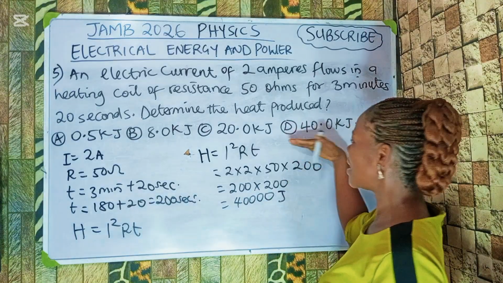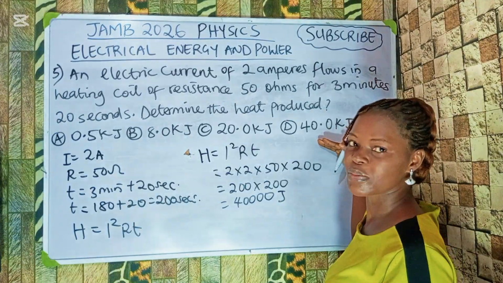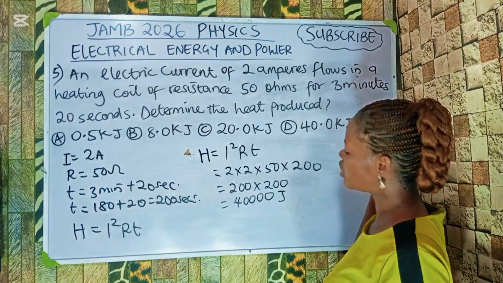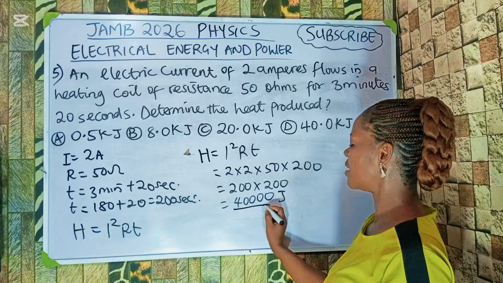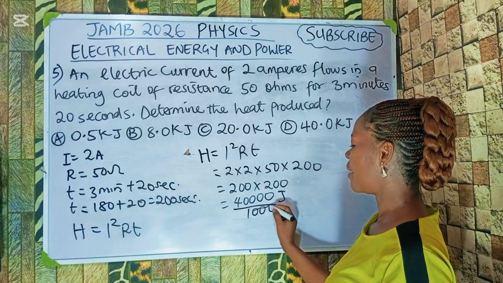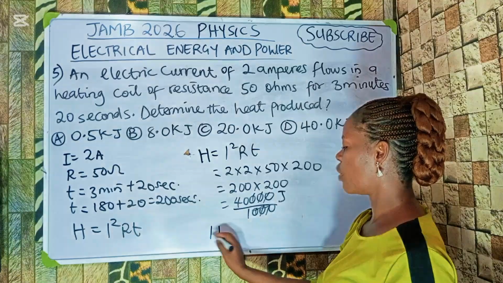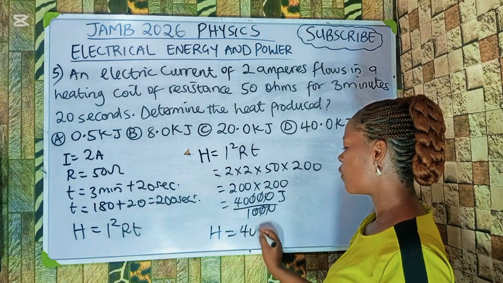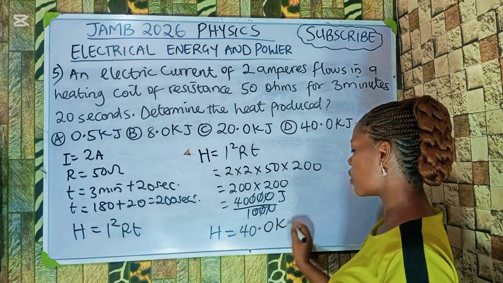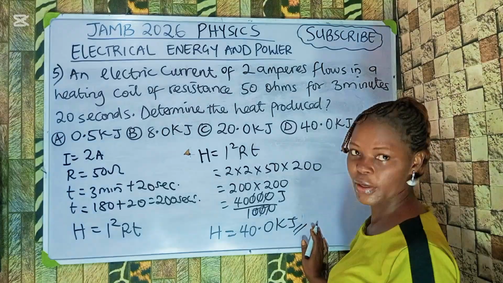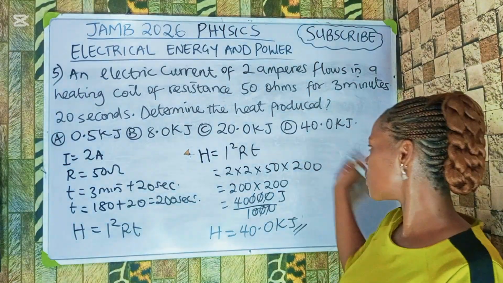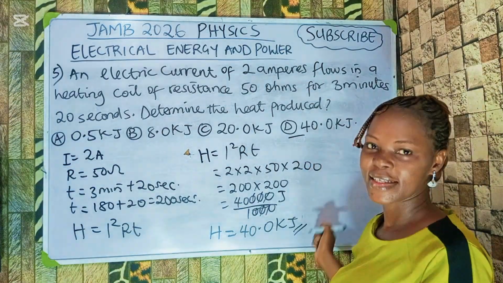Because the options are in kilojoules, where kilojoules means 1000, I divide by 1000 and get 40 kilojoules. So my heat is 40.0 kilojoules. Do you understand? The correct answer to this question is option D.